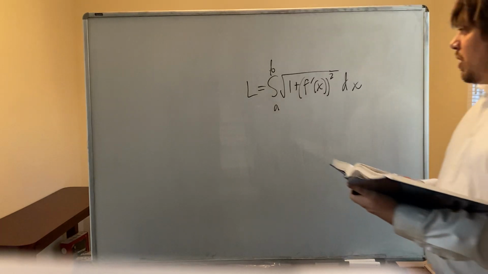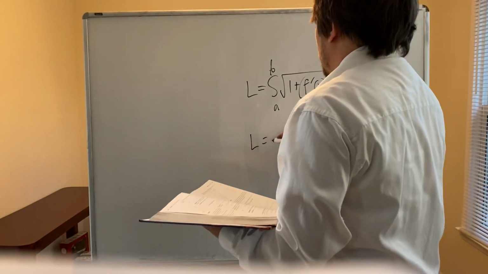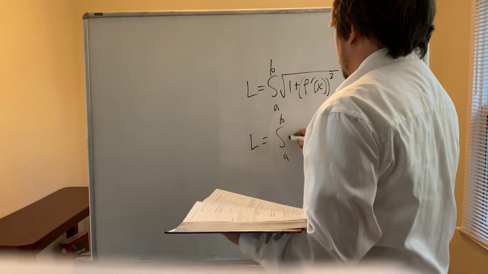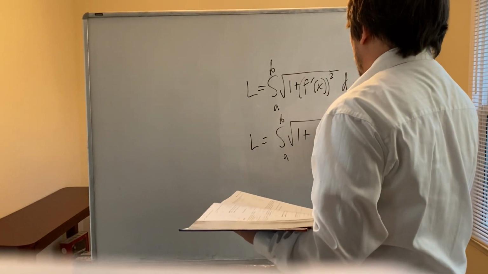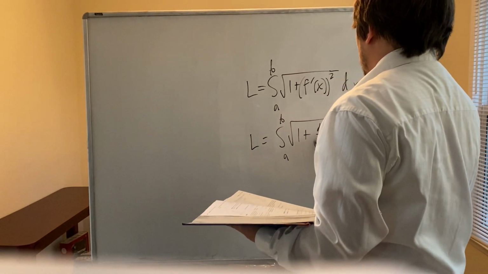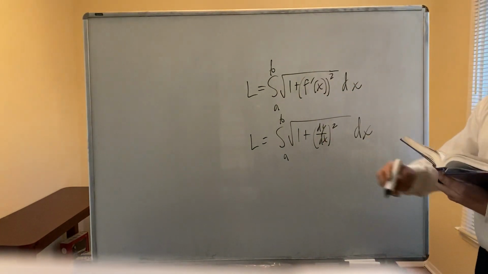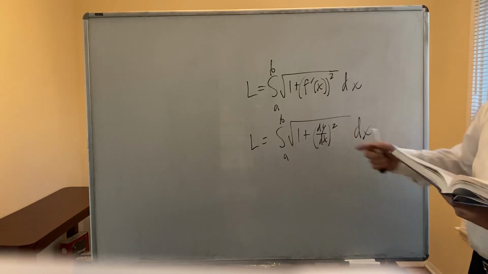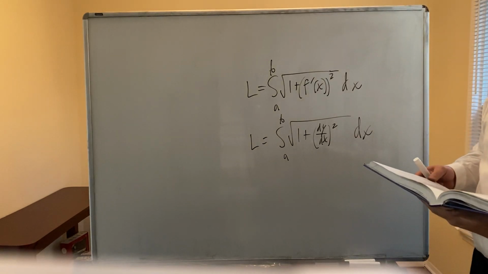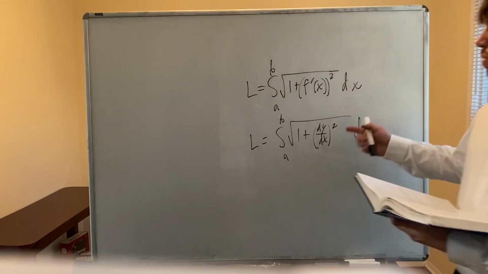Okay, so another way to write it is using Leibniz notation. And so this is the same equation and just written with different notation. Okay? This is Leibniz notation. Instead of f prime of x, writing dy dx is Leibniz notation. And so this is with respect to x.